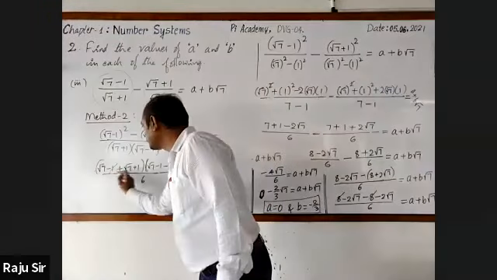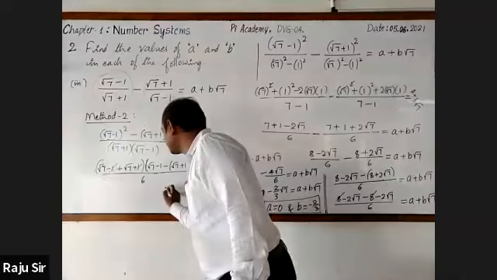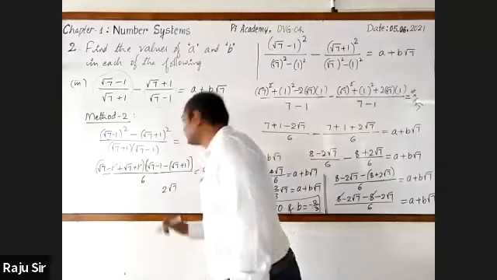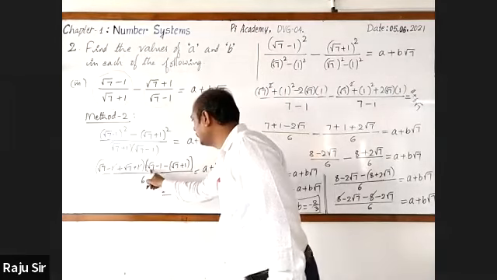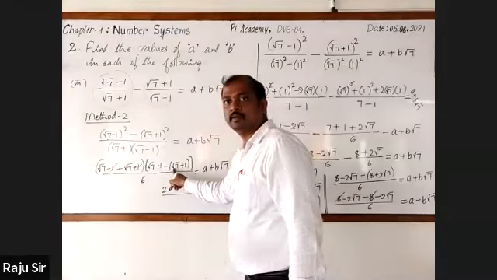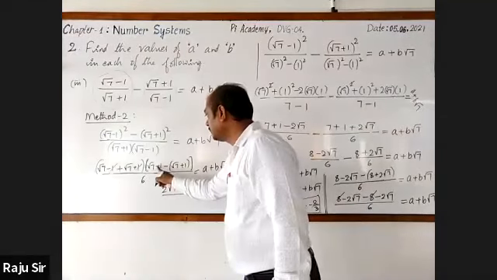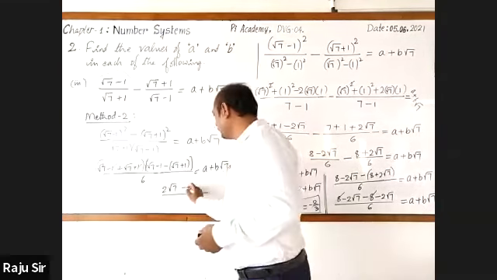Observe here, minus 1 plus 1 cancel out, this is root 7 plus root 7, 2 root 7. Then here root 7 minus root 7 gets cancelled, minus 1 minus 1, it will be minus 2.